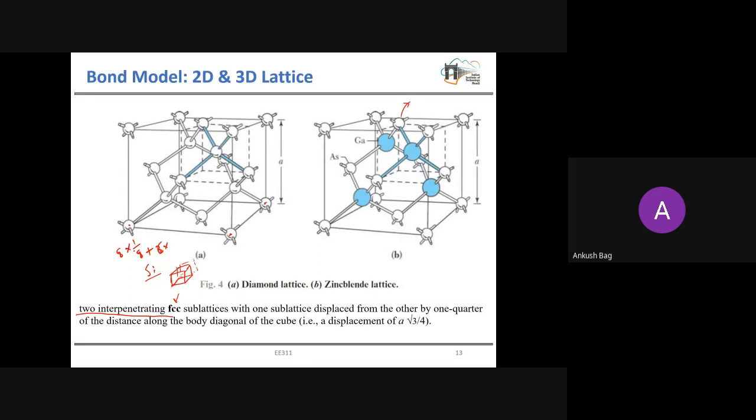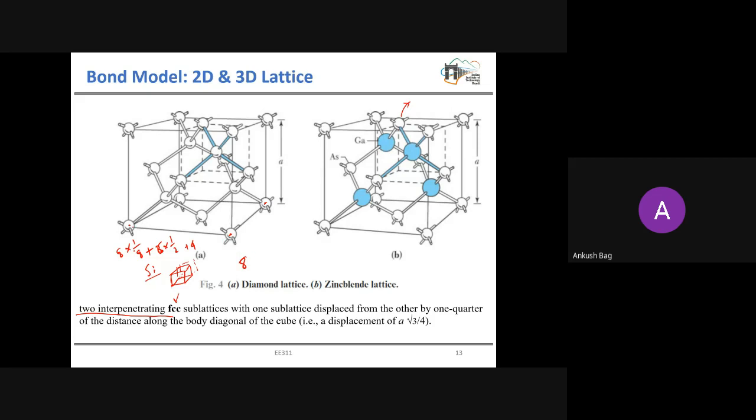So out of the 6 atoms, only 3 atoms will be within a particular cube. And finally, 4 more atoms will come due to this interpenetrating FCC structure. So eventually you get 1 plus 3 plus 4, so there are 8 atoms in a particular cube in case of silicon.